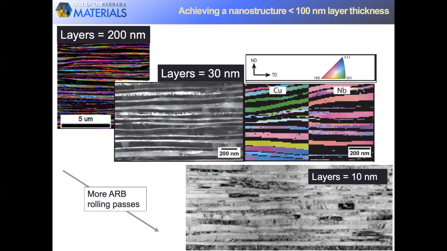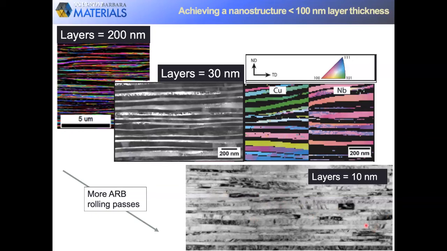In this case here with the EBSD, we can see that now in this layer thickness range, we have a single crystal spanning the individual layers. What that means is that each copper crystal is joined to two neighboring niobium crystals. So we have mostly biphase interfaces here.